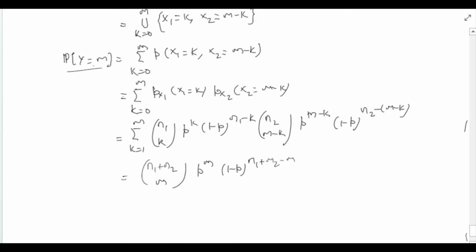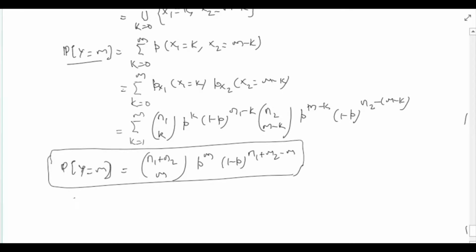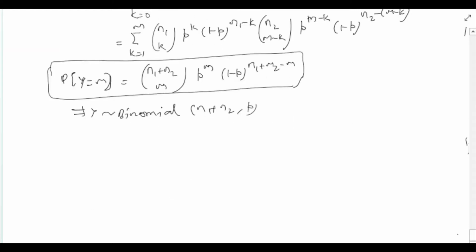So looking at the form of the probability mass function of y, we can infer that y is also a binomial random variable with parameters n1 plus n2, p. Okay, so sum of two independent binomial random variables is also a binomial random variable.